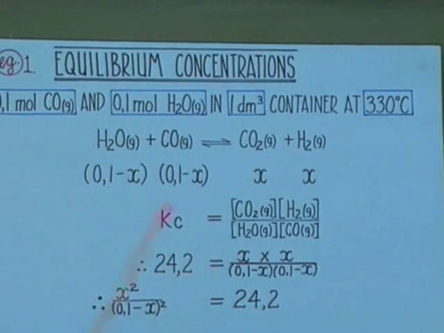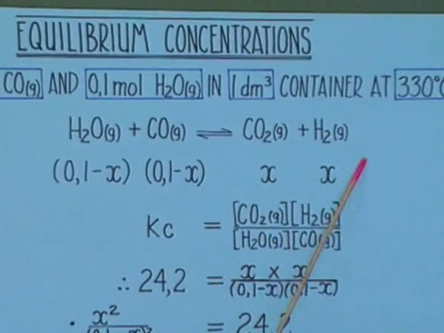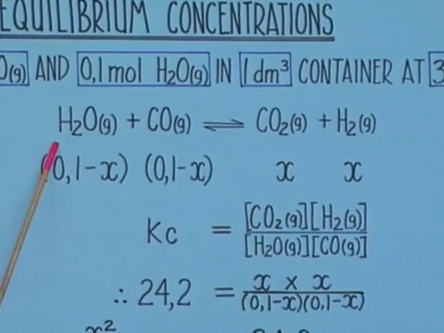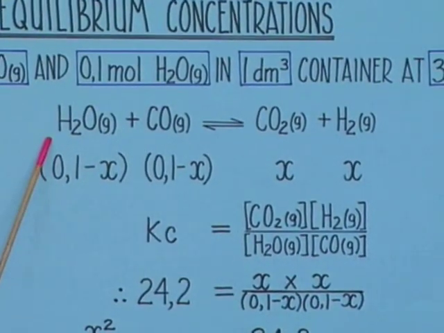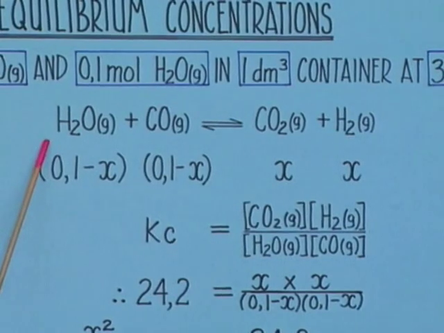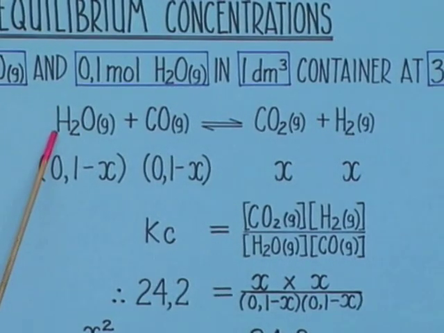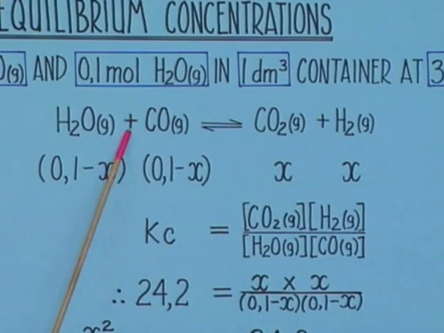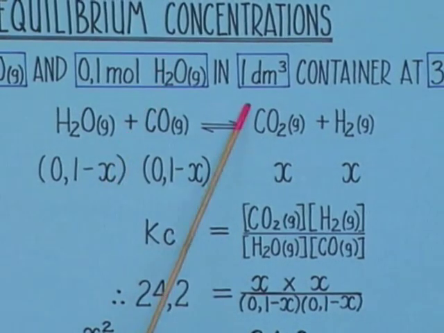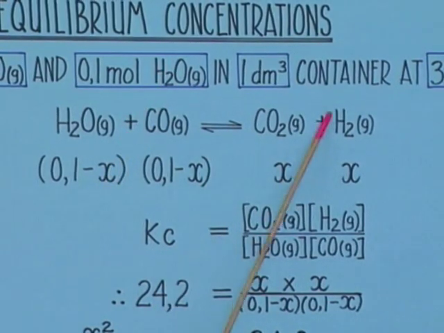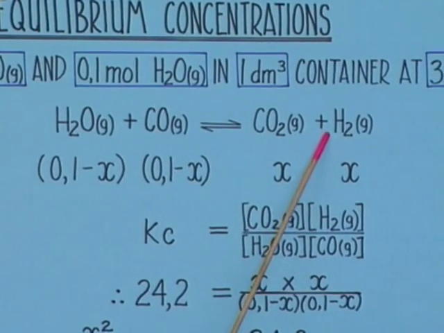The first step is always to write the proper balanced equation. The balancing coefficients in this balanced equation tell us that 1 mole of water will react with 1 mole of carbon monoxide gas to produce 1 mole of carbon dioxide and 1 mole of hydrogen gas.